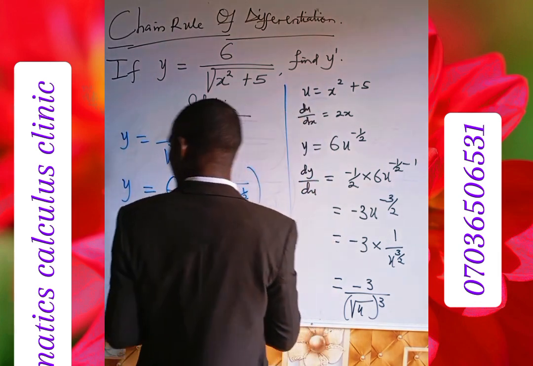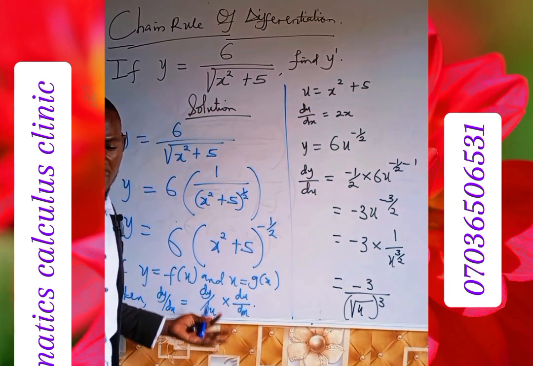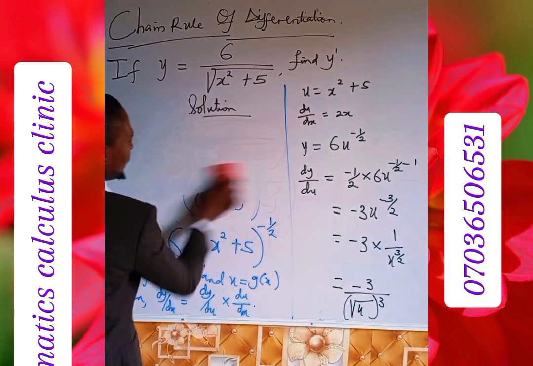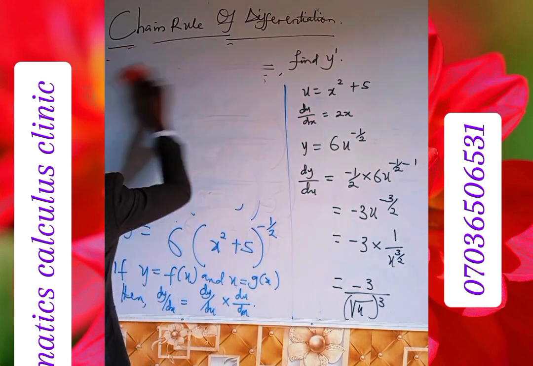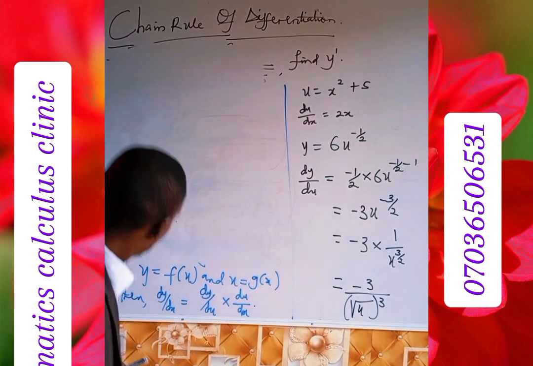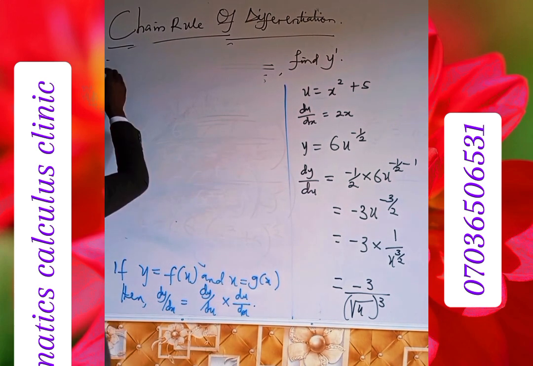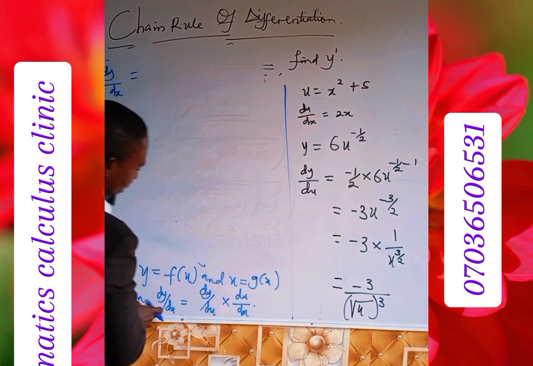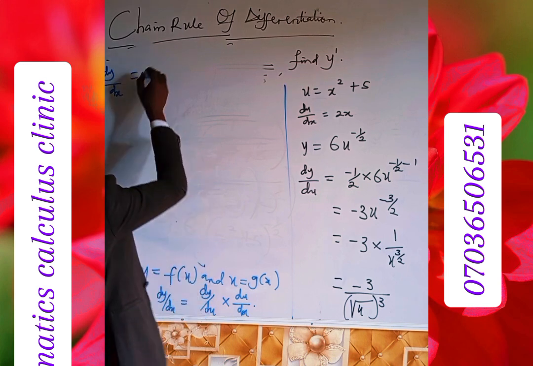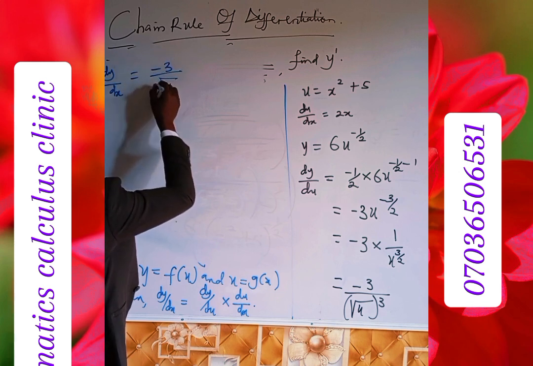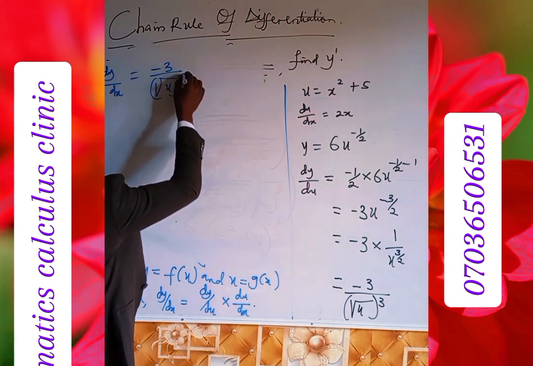Now let's proceed. We've gotten our dy/du, we've gotten our du/dx. Now let's go to the formula and slot them in. So dy/dx, what is dy/du? dy/du is minus 3 divided by square root of u, everything raised to power what? 3.